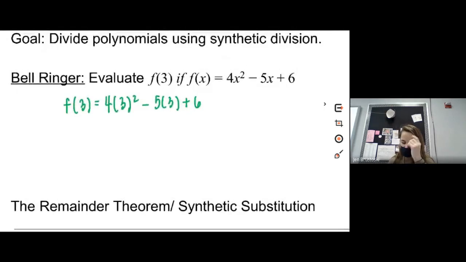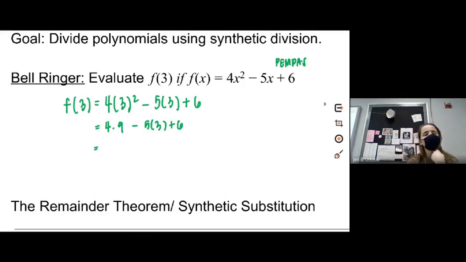Okay, then we'll simplify. So we want to use PEMDAS. So we'll do 3 squared is 9. 4 times 9 is what? 36. 5 times 3?